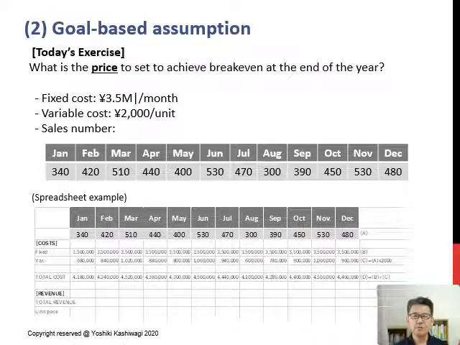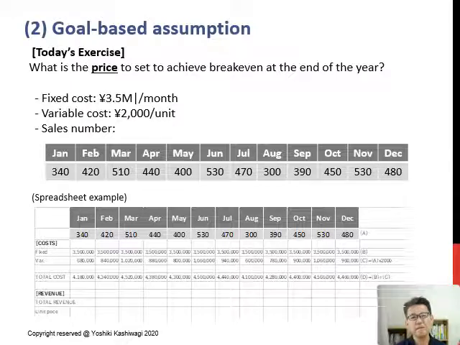The question is, what is a price to set to achieve break-even, again this is zero profit, at the end of the year? Here are some assumptions. You have to pay 3.5 million yen every month. This is your fixed cost.